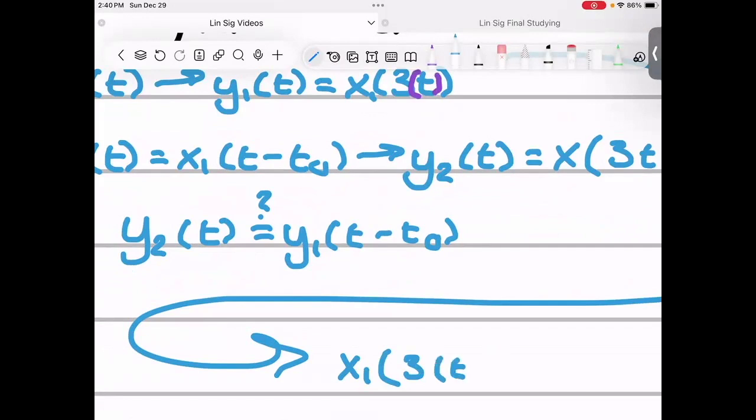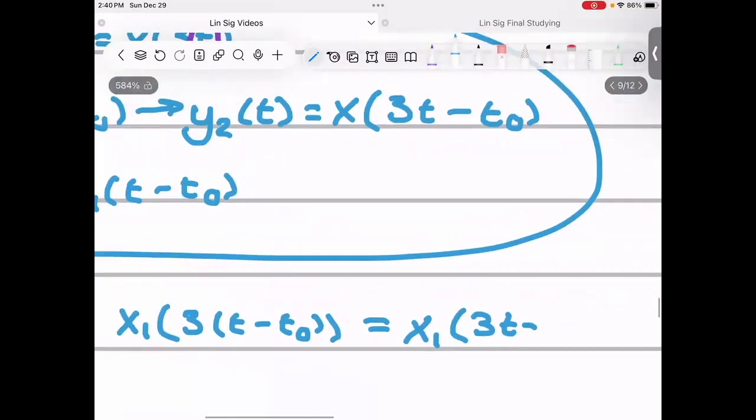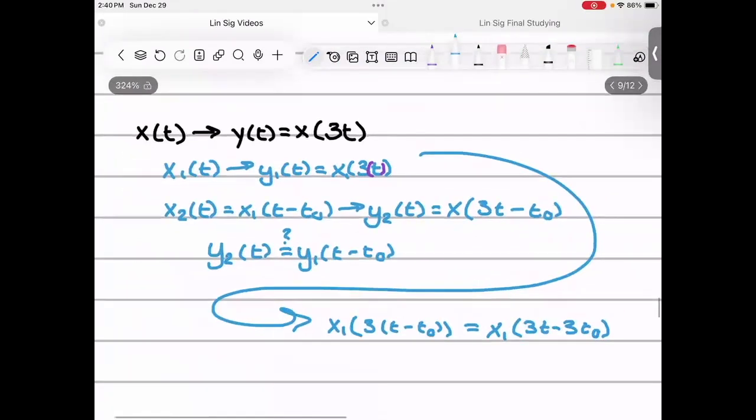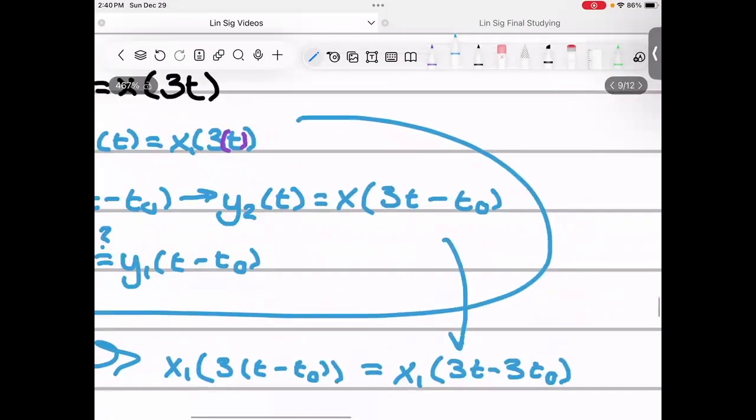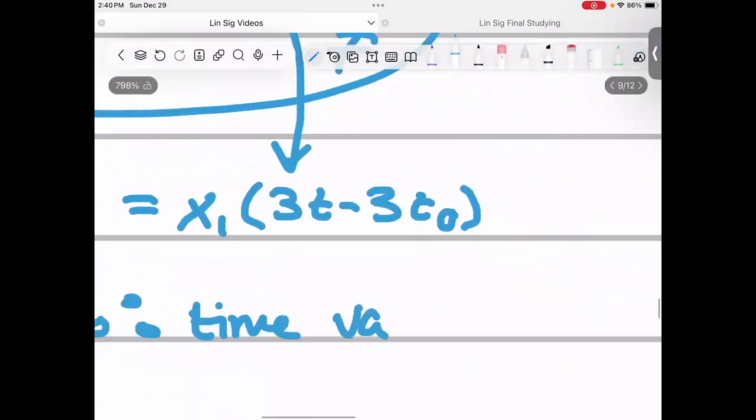So t minus t naught, which is equal to x1 of 3t minus 3t naught. Let's compare that to our y2 of t up here, and we see that these are not equal because the 3 wasn't distributed. So not equal, therefore time variant, or not time invariant.